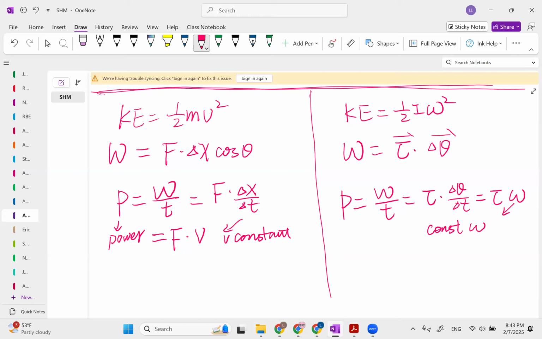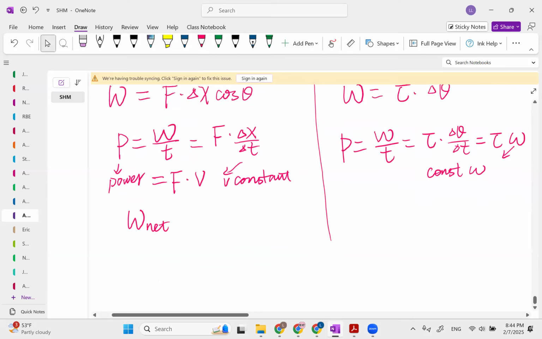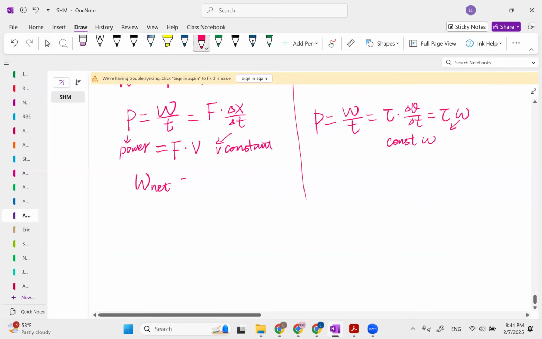And what else do you learn in work and energy? Anything else? Net work equals change in kinetic energy, right?